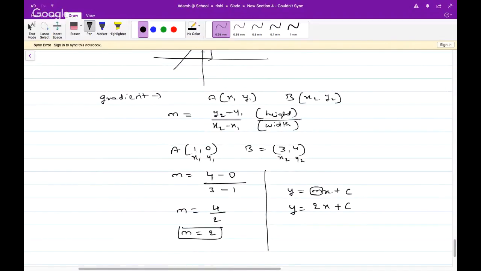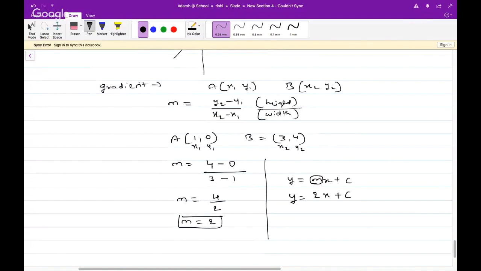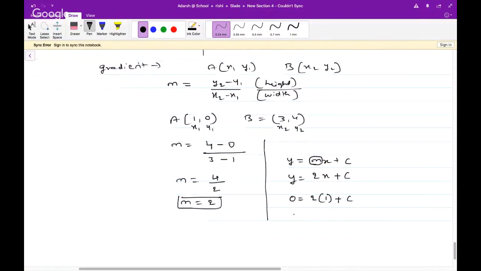If I take this point and substitute in this, it should satisfy. Let me take y as 0 and x as 1. So in place of y put 0. So 0 equals 2 into 1 plus c. So 0 equals 2 plus c. So the value of c is negative 2.